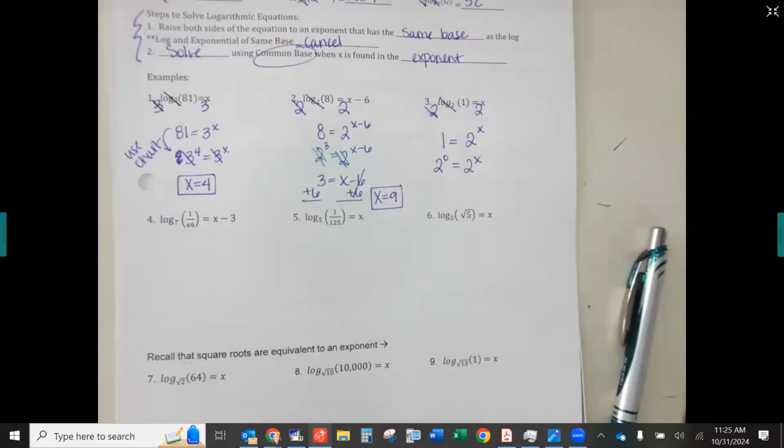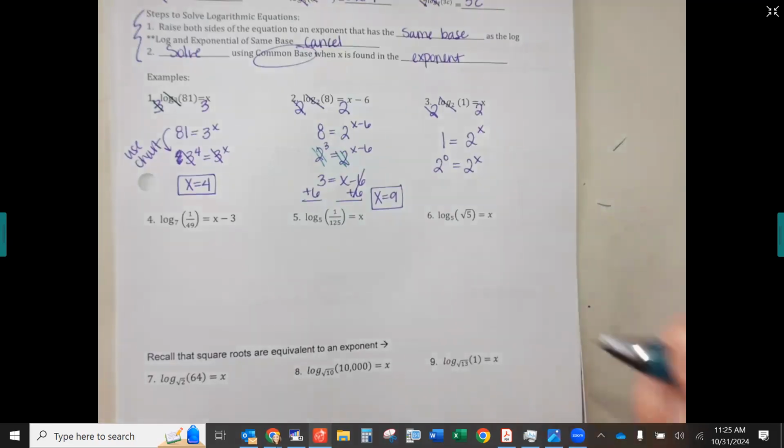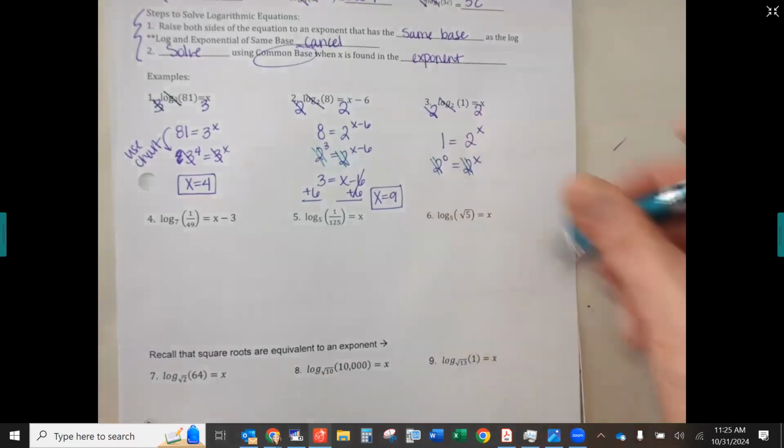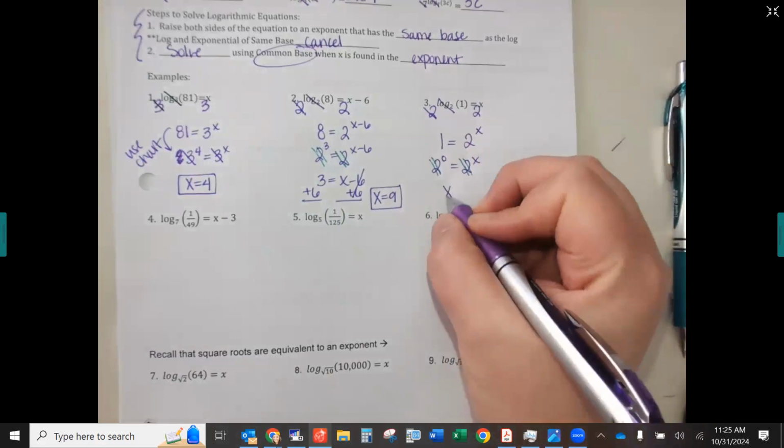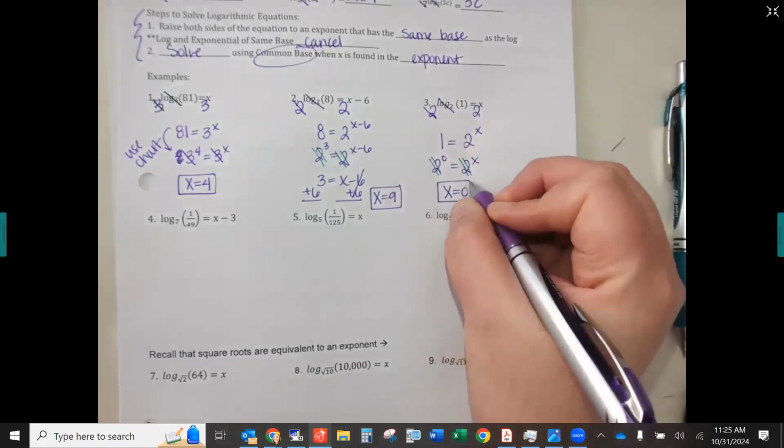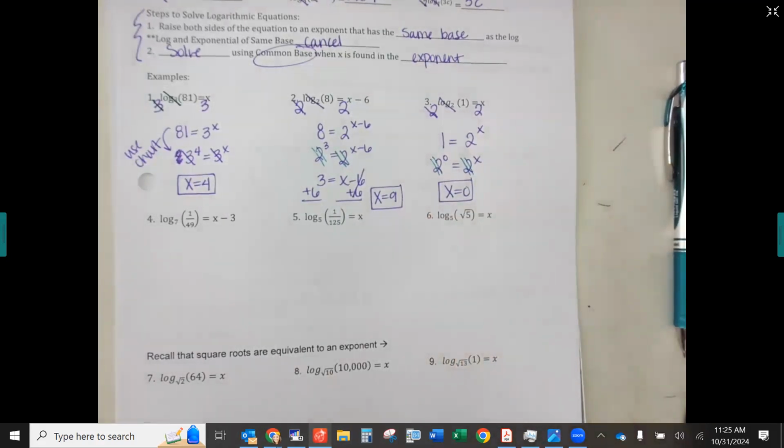Remember that any base that you put a 0 on is going to yield a result of 1. So going backwards, I can pick any base that I want as long as I put a 0 up top. Then from there, my 2's are going to cross out. What's my x going to be? 0. Also keep in mind on last time's homework, we did have some answers where 0 is the answer. That counts as a number too.